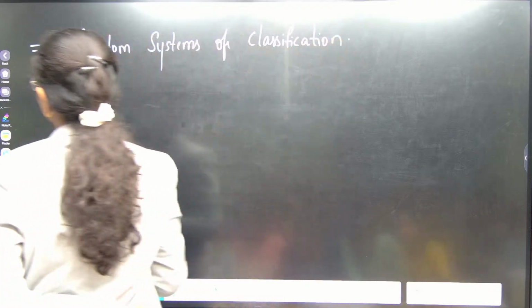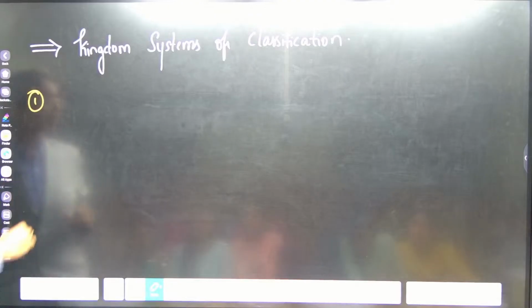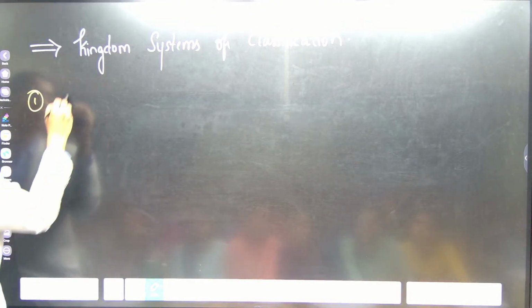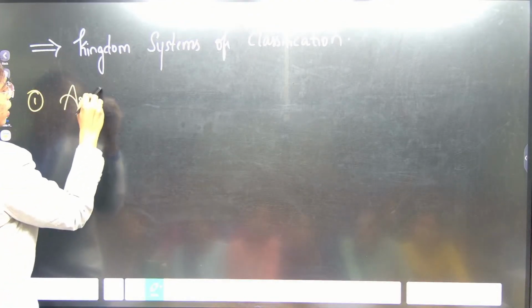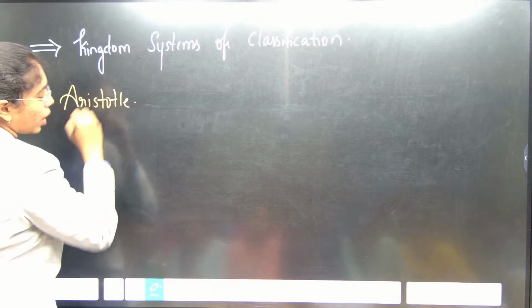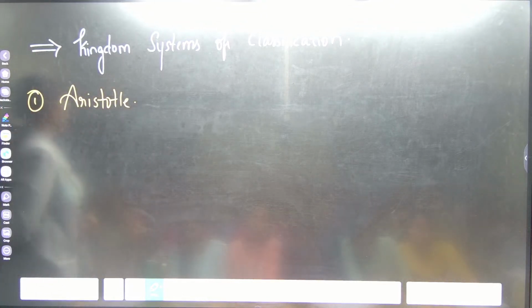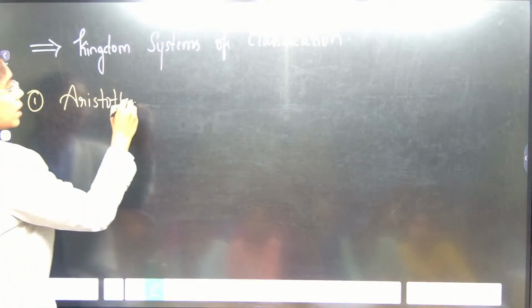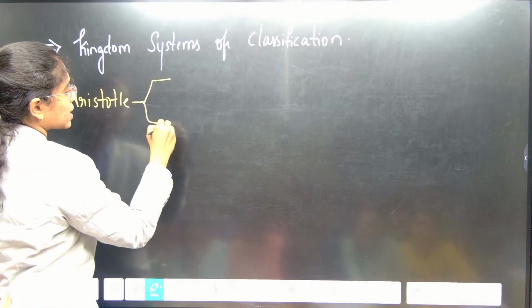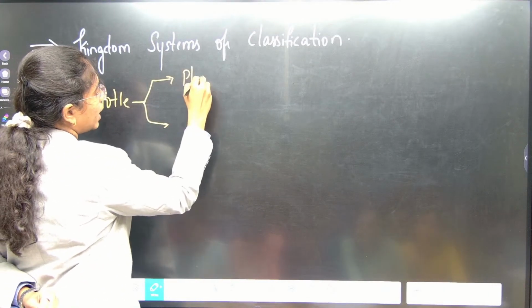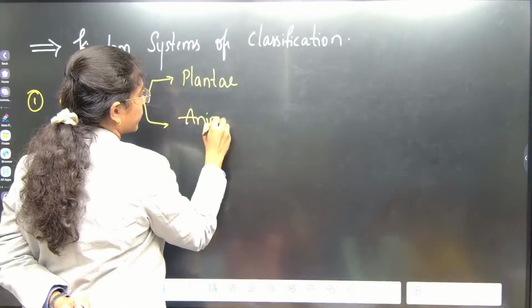The first scientific method of classification is proposed by whom? Aristotle. He has grouped different organisms based on the presence or absence of RBC. First, he has classified into plants and animals, into Plantae and Animalia.